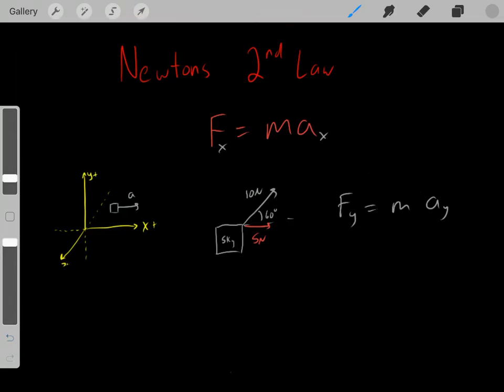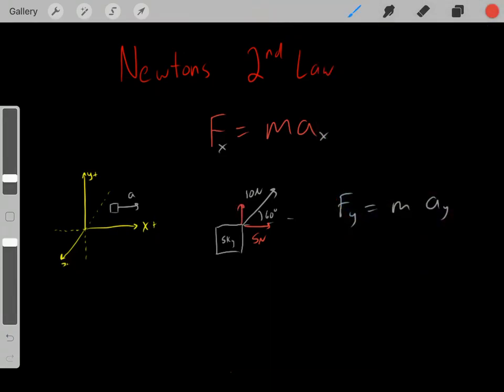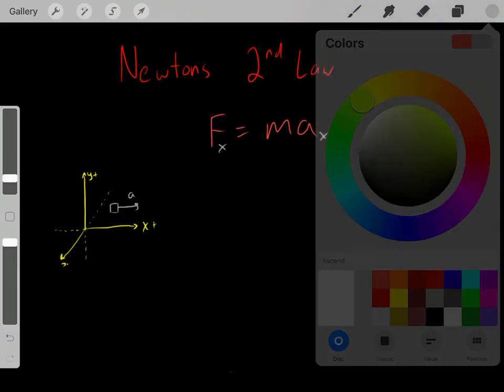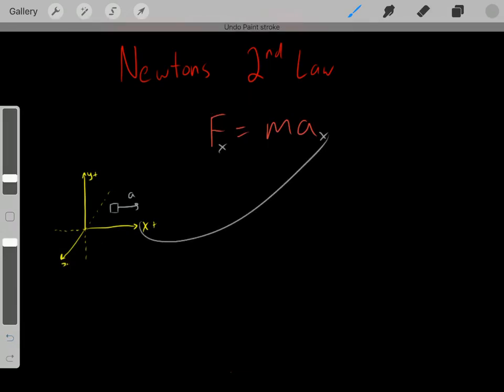So we would need to find the component of that 10 newton force in this y direction. And again, we could do that with trigonometry. And once we found that component of the force in the y direction, we can solve for the acceleration in the y direction. So that's a limitation of this equation. It's limited to a particular direction. You need to choose what acceleration, in what direction, we are interested in, and then you need to find the forces in that direction.